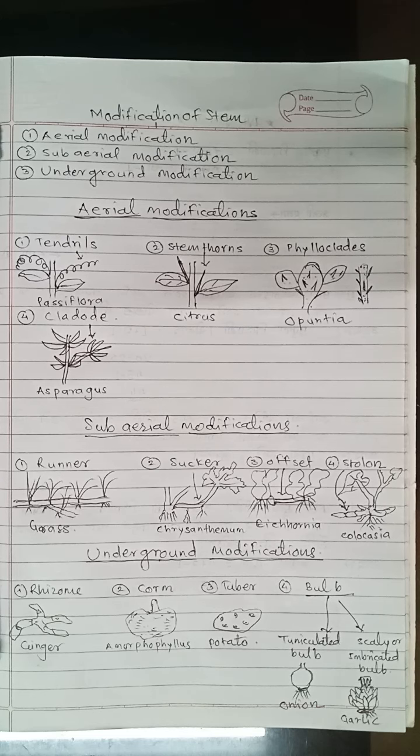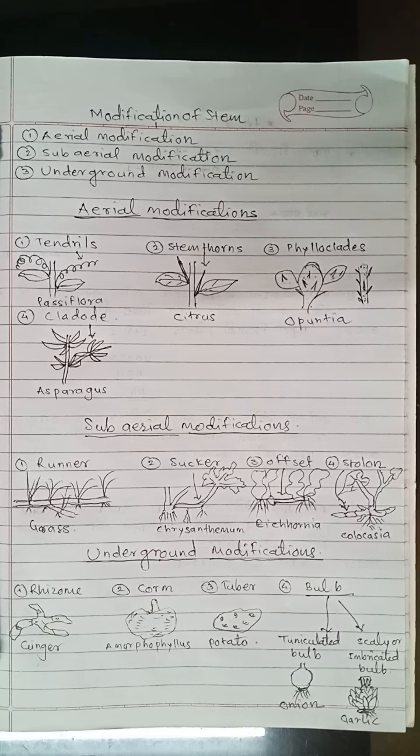Now, last one, that is the underground modification of stem. It may be studied under the following heads: rhizome, corm, tubers and bulbs. In many plants, the stem remains underground for various purposes like storage of food, perennation, that is for tolerating the unfavorable conditions, and vegetative propagation.